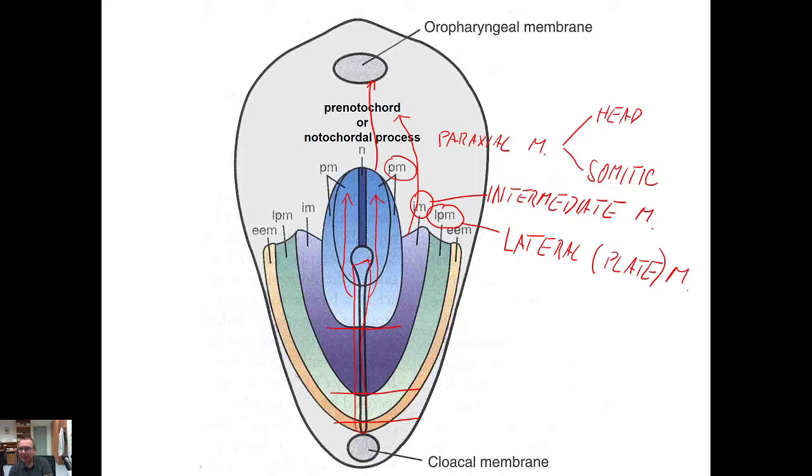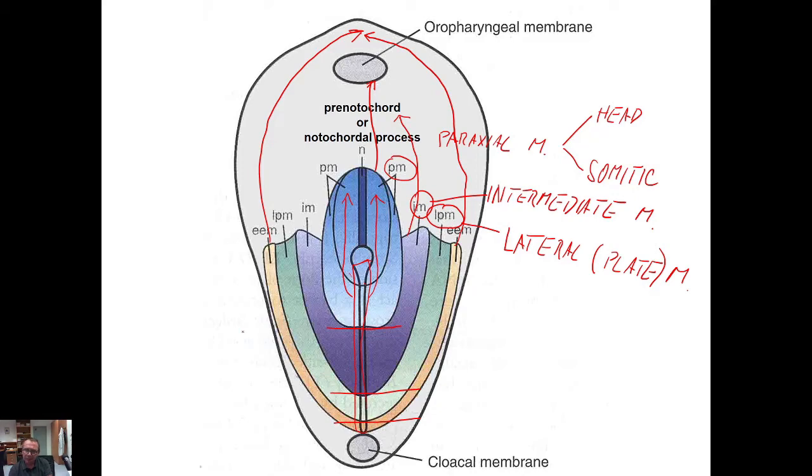It is migrating very much, around the oropharyngeal membrane, and it is filling from both sides the area in front of the oropharyngeal membrane, which we already know as the cardiogenic zone. So the lateral plate mesoderm participates in the formation of the cardiogenic zone. That means it participates in the formation of the heart and the cavity around the heart, which is the pericardial cavity.